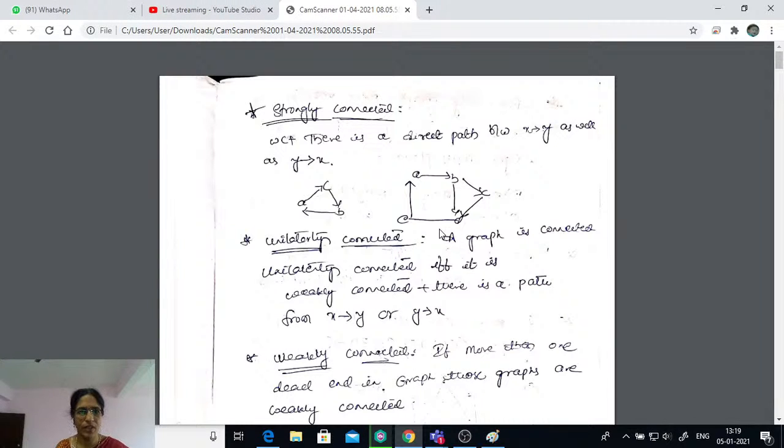First of all, what is connected? In the last class, we discussed the connected component.